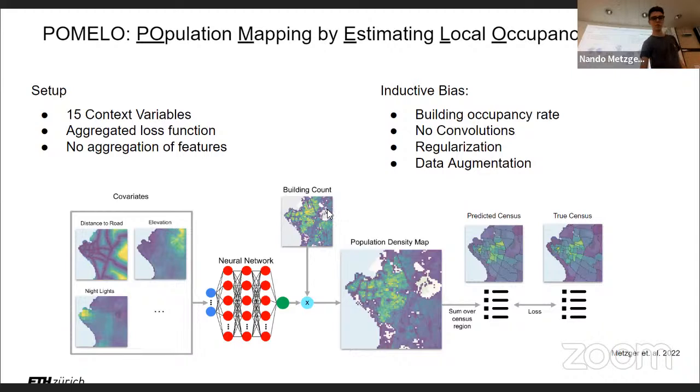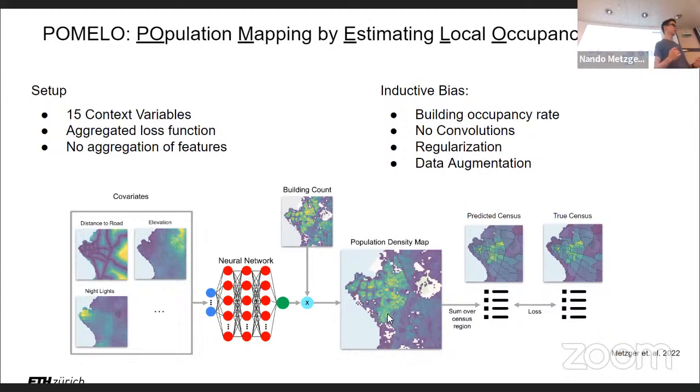It's not just any other variable, but we use it in a way that the neural network predicts some sort of building occupancy rate, and this occupancy rate you multiply with the number of buildings in this pixel. And then you get the population density out of it.